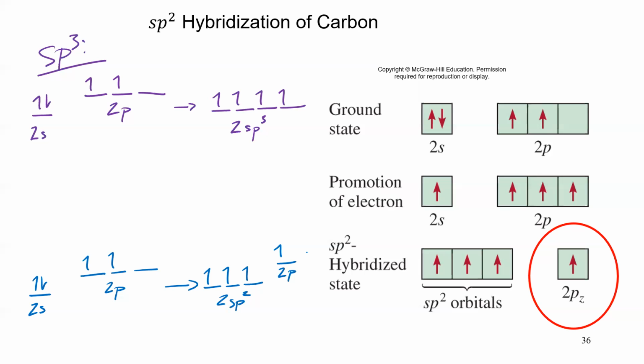The way that the hybridization process works is that those electrons are still spread out even into those unhybridized orbitals. And so we don't go back and form a lone pair when we have an unhybridized orbital in the same energy level. And so this is what we end up with. Again, that is exactly what they're showing here. We have the sp2 orbitals here, and then this last electron is in the p orbital that's unhybridized.